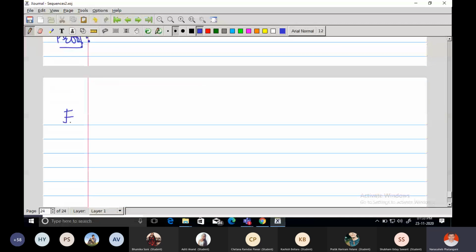So anyway, let us see some examples. Let us consider x1 equal to root 2 and x(n+1) equal to the square root of 2xn, for n greater than or equal to 1.